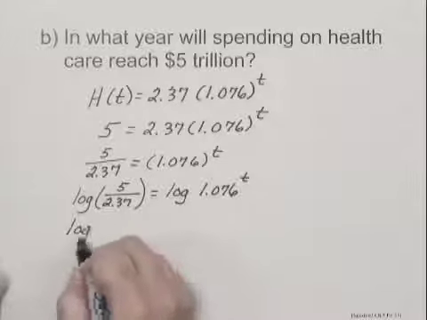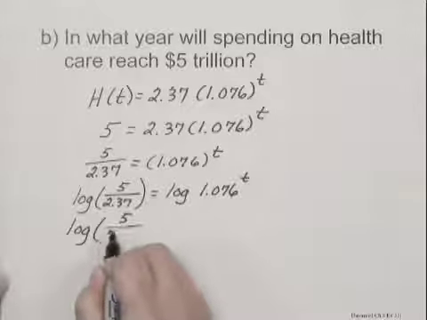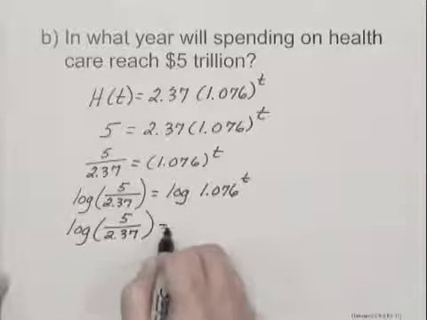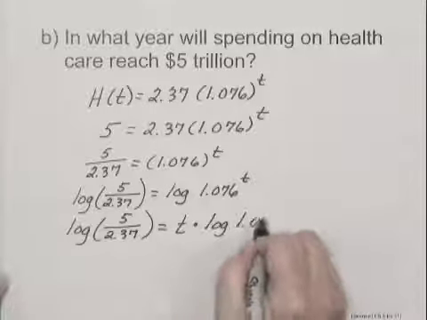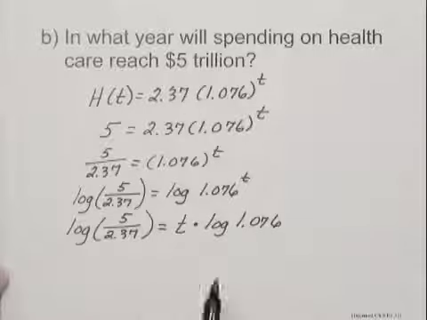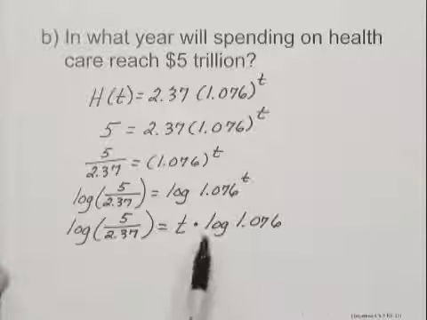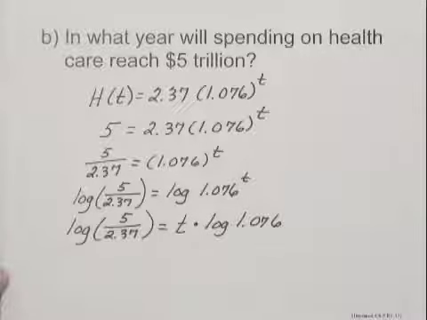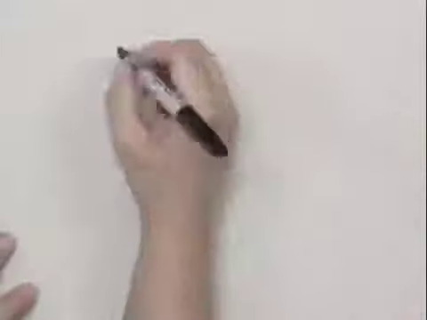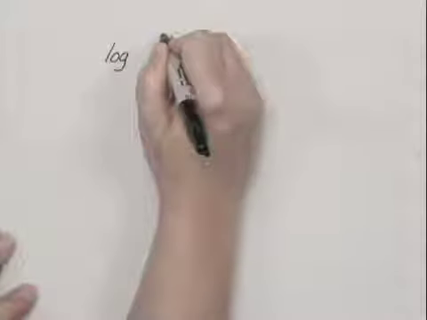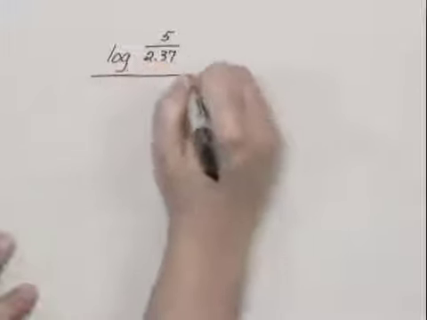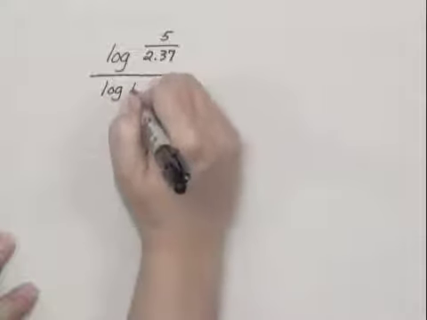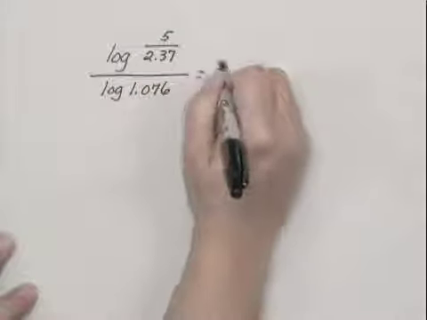We have the log of 5 divided by 2.37 equals t times the log of 1.076. So to solve for t, we divide both sides by the log of 1.076. That would be the log of 5 divided by 2.37, all over the log of 1.076, equals t.